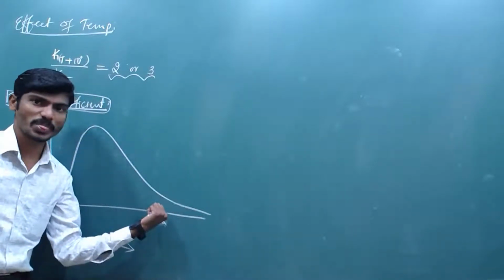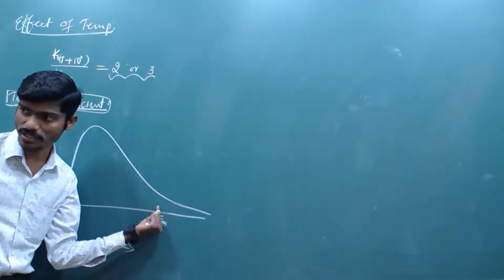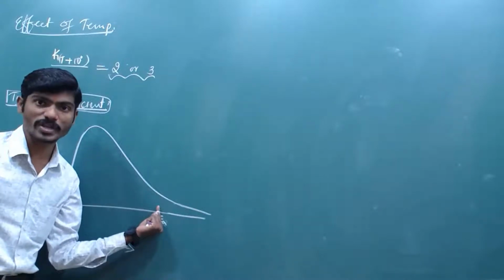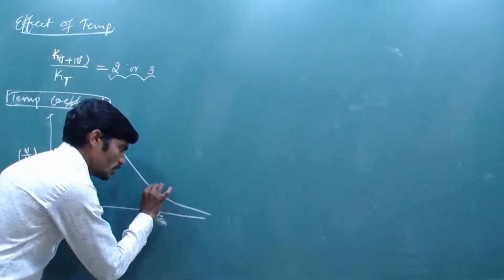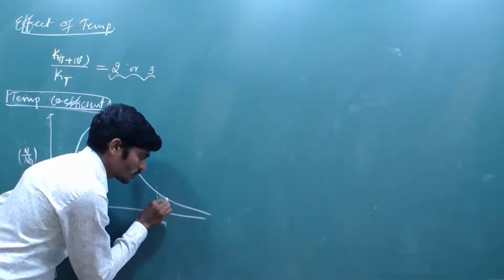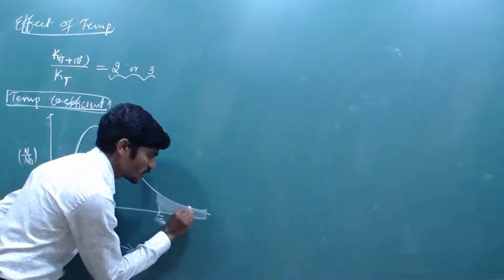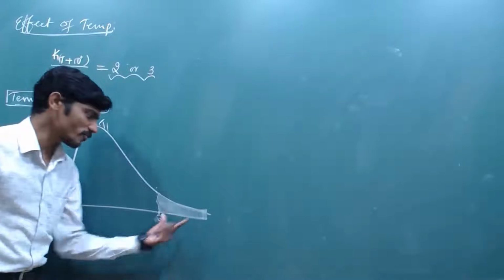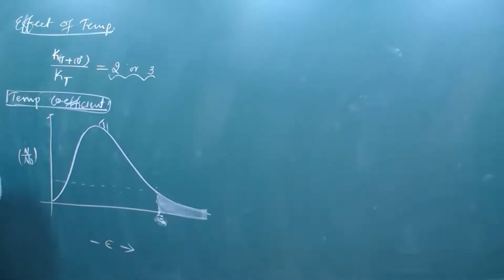So this is the energy required for the reaction to take place to form the product. For effective collision, this much energy is required. So this is the fraction of collisions which lead to the formation of product at a given temperature T1.